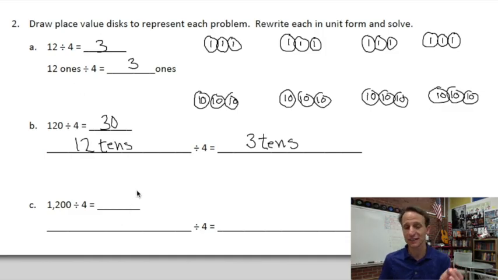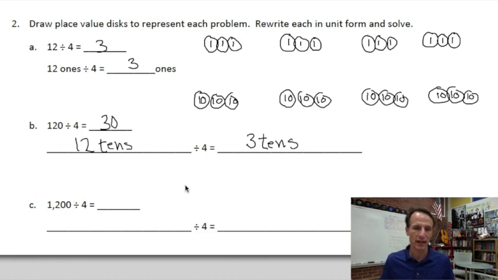I'm covering that because look here at C, 1,200. It doesn't help us much to say we have 1,200 ones. We need to decompose that 1,000 as 10 hundreds. Then we can actually pass out some donuts. So this is the mega box, 10 boxes of 10 in each mega box. So we have 12 what? 12 hundreds, yes.